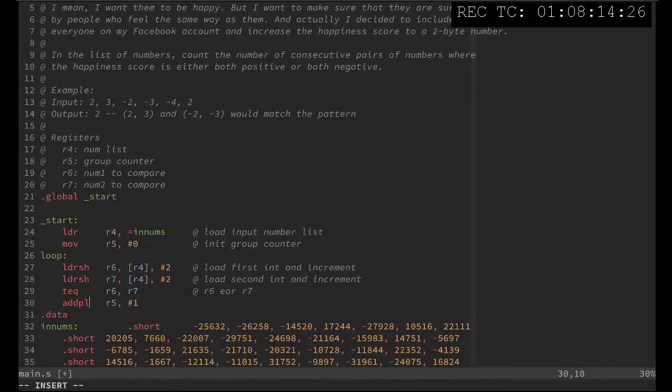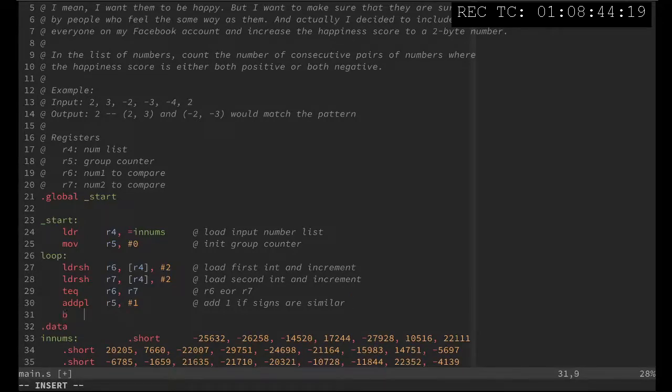If you need to take a second to think about that, this is the first time really that we're taking these numbers and not working on them as numbers, but actually looking at the bits that make up the numbers. And so we're going to add 1 if the signs are similar. And then that's our loop.